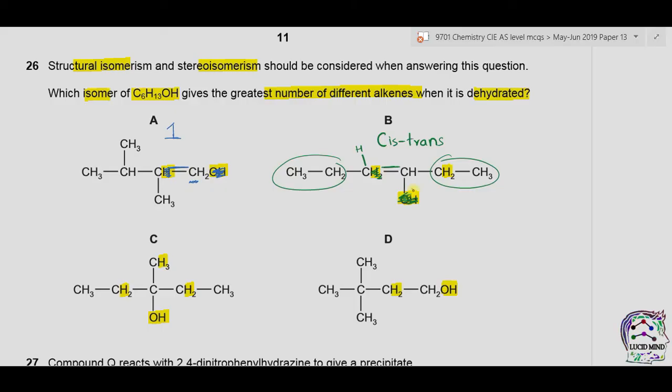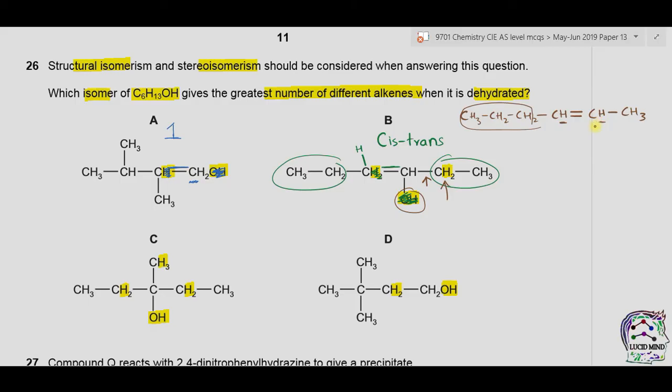Now for other scenario, if OH is removed from this carbon atom and hydrogen is removed from this carbon, then double bond will come between these two carbon atoms. So the product could be like this: CH3, CH2, CH2, CH, and double bond will come. Then we have CH and CH3. As we can see that one hydrogen atom is present with this carbon and one propyl group is attached.